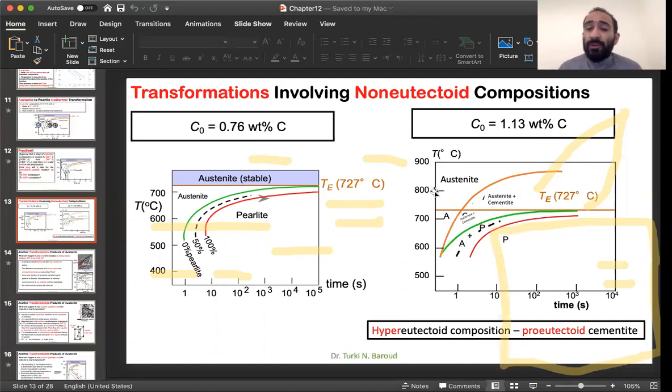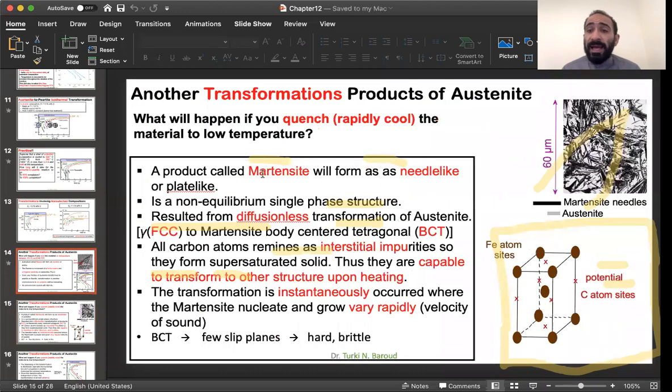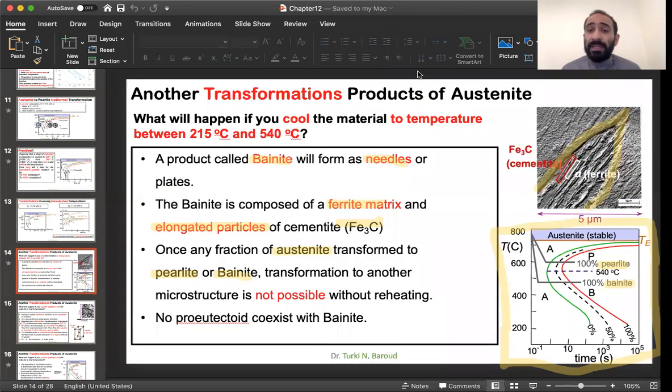Again, if you cool down, let's say to 670 for example, what's going to happen? Part of the austenite will transform to pro-eutectoid cementite, and the remaining will transform to perlite. So the final product over here will have perlite plus pro-eutectoid cementite.